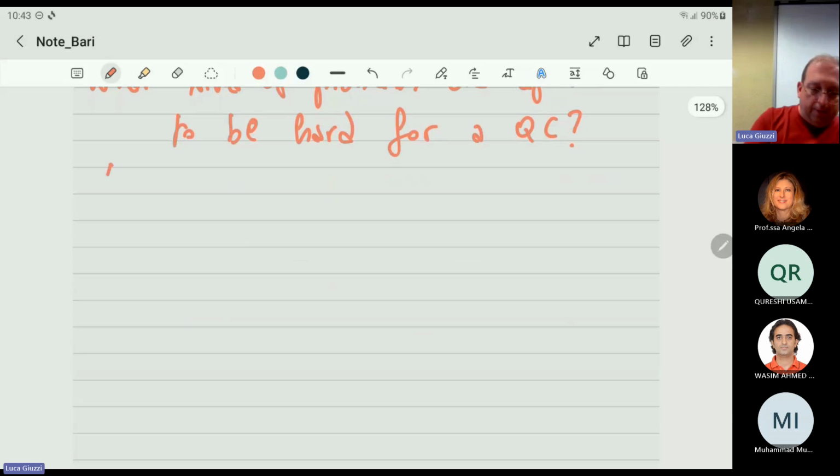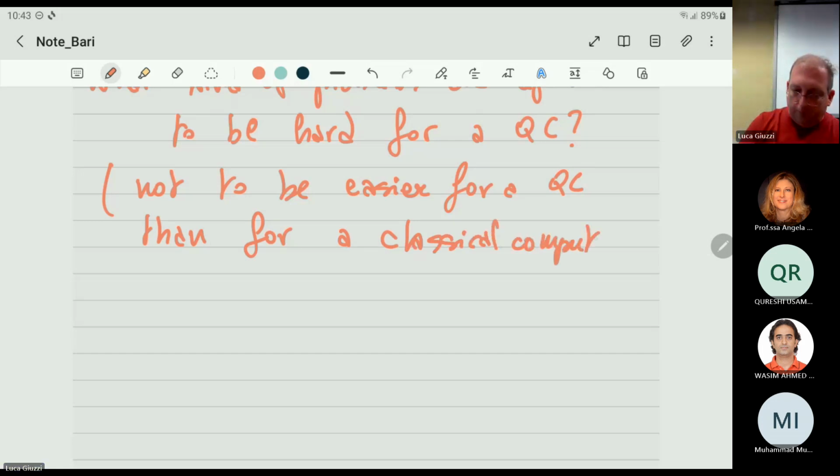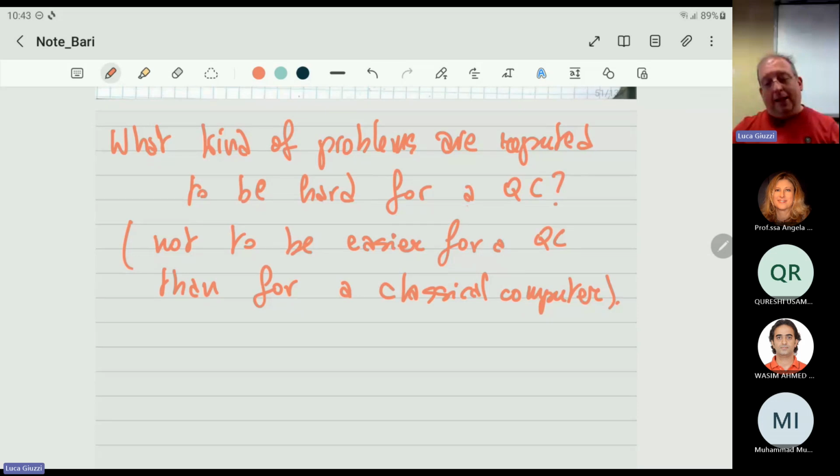Hard, or at least not to be easier for a QC than for a classical computer. This is the kind of question we want.